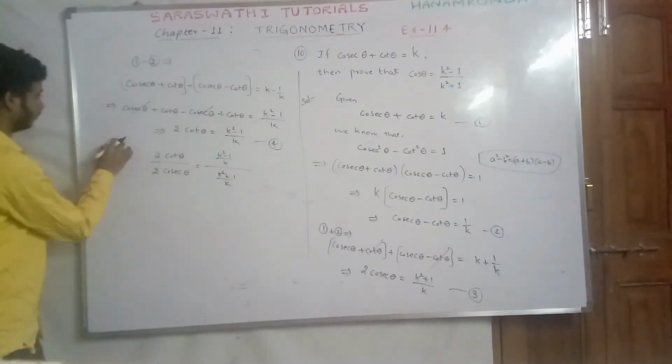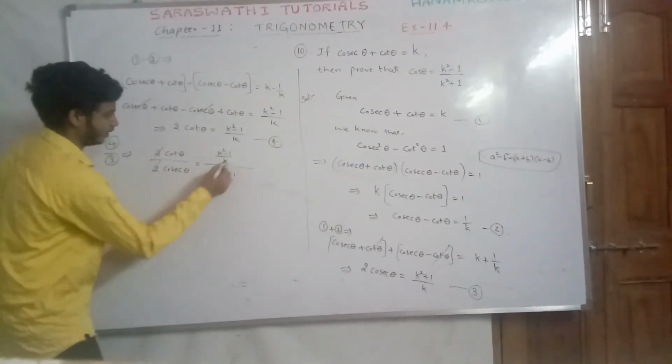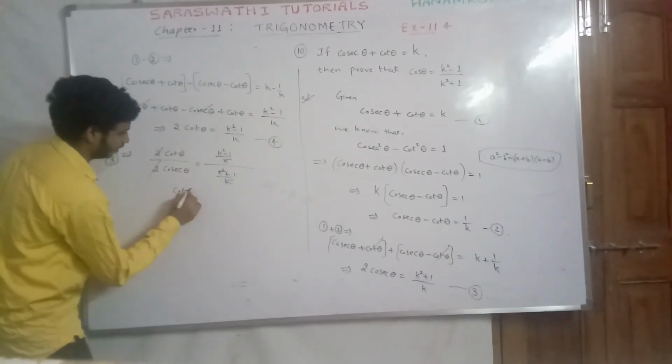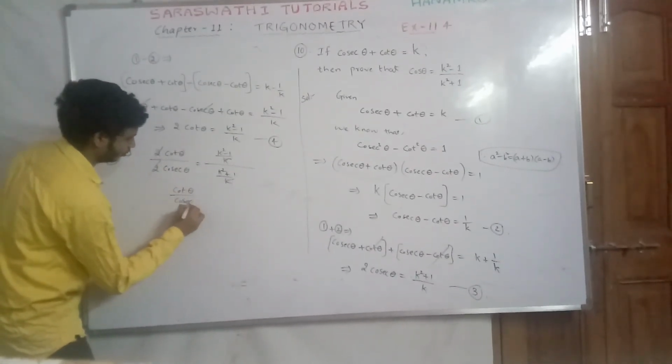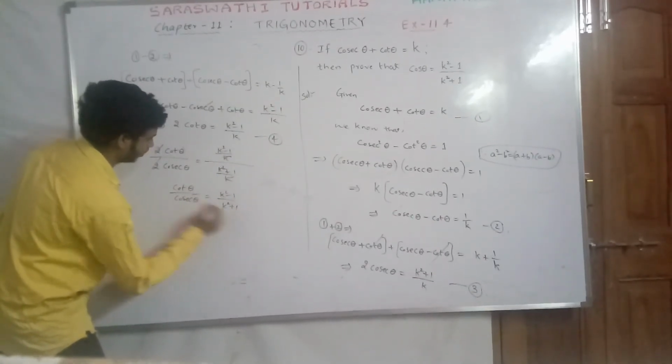Now 2 gets cancelled, and k gets cancelled. So cot theta by cosec theta equals k square minus 1 by k square plus 1.